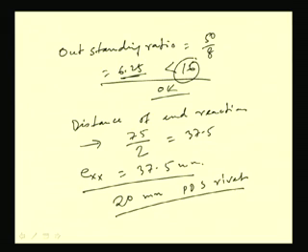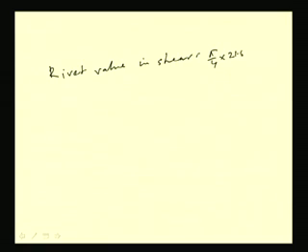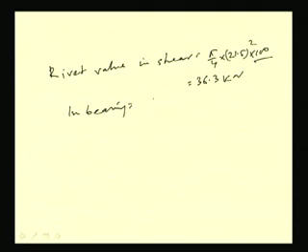So using this we can find out the rivet value in shear, that will be pi by 4 into 21.5 square into 100, tau VF, that is 36.3 kilonewton, and rivet value in bearing will be sigma PF into D into T. This is D, T is 8 and sigma PF is 300.